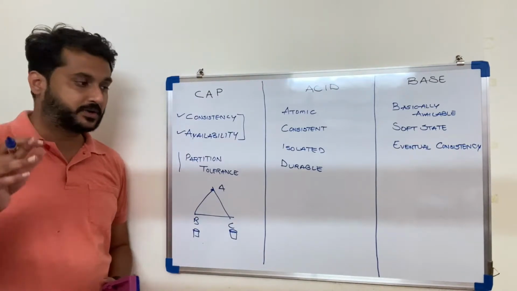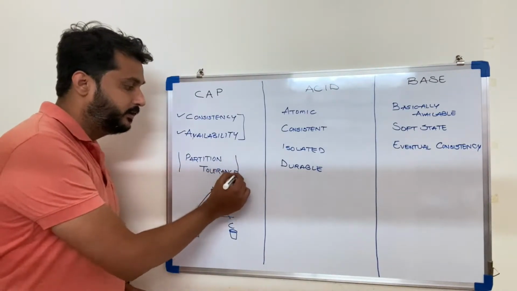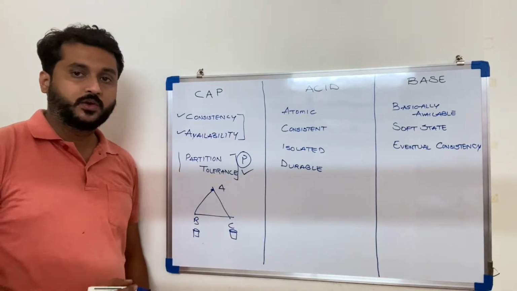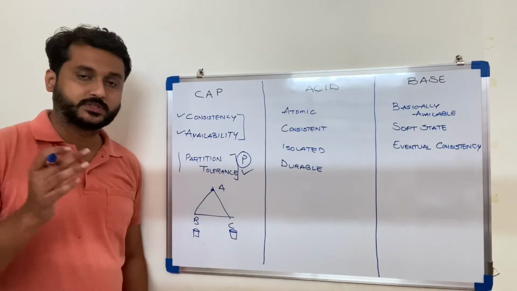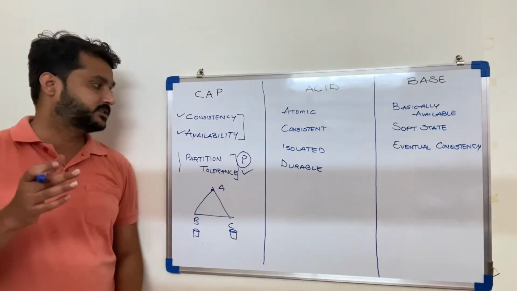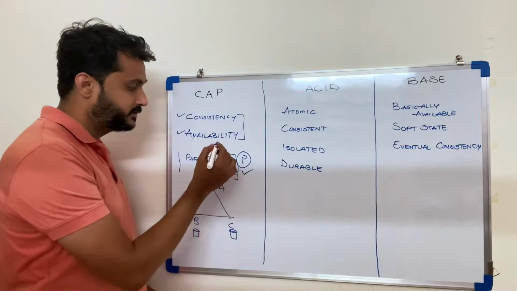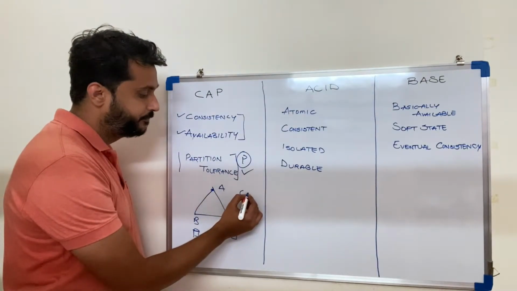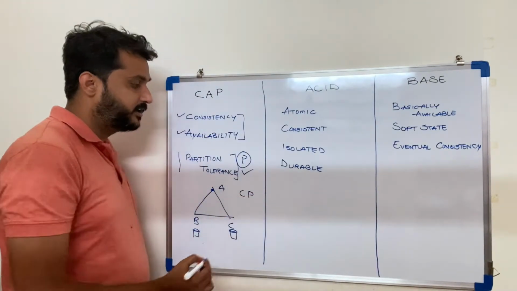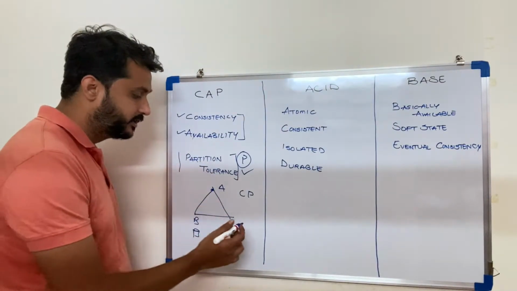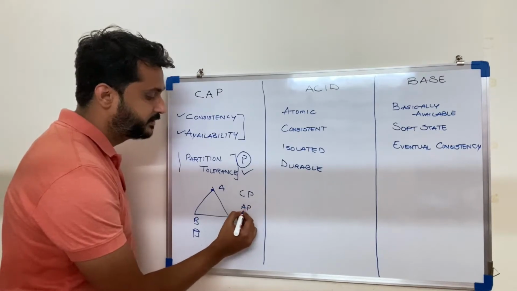So in summary, we can't give up P. We have to have this all the time, and the only choice that we now need to make is between consistency and availability. So we will always have a database which will be consistent and partition tolerant, or available and partition tolerant.